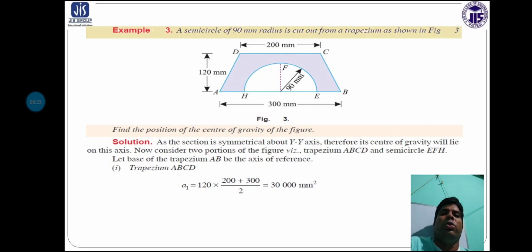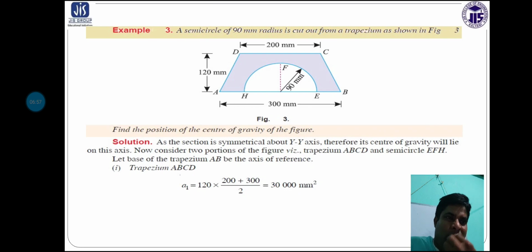Find the position of the center of gravity of the whole figure. As the section is symmetrical about the y axis, its center of gravity will lie on the axis. Now consider two portions of the figure, the trapezium ABCD and the semicircle EFH. Let the trapezium side AB be the axis of reference.